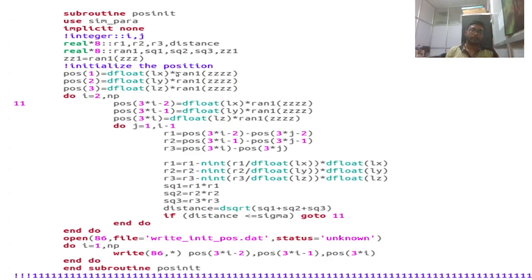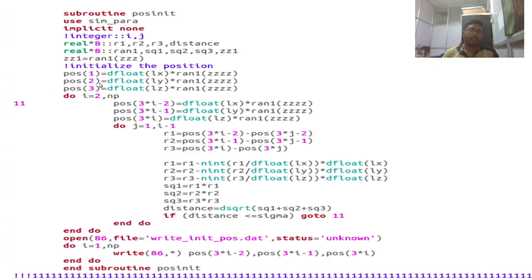We have this ran1zzz, which will generate a random number between 0 and 1, and then we are just multiplying that with 20, so it will give a random position, or random number, between 0 and 20.